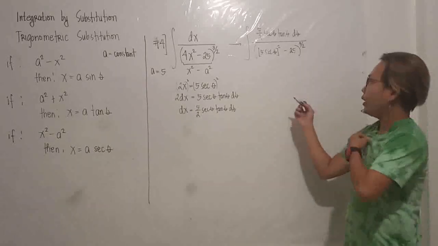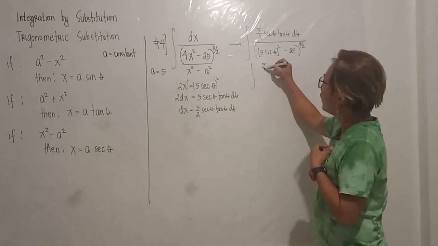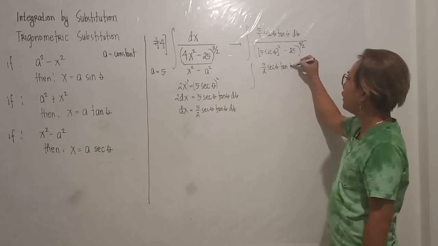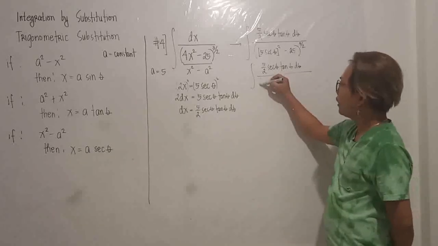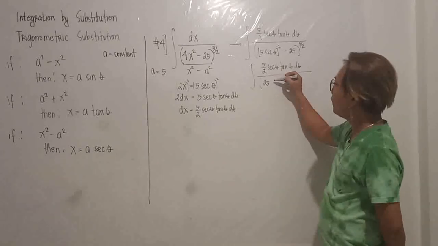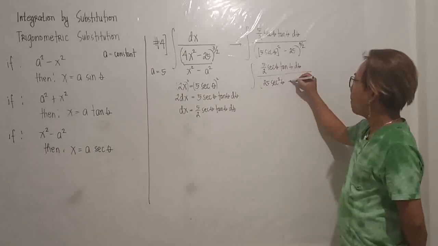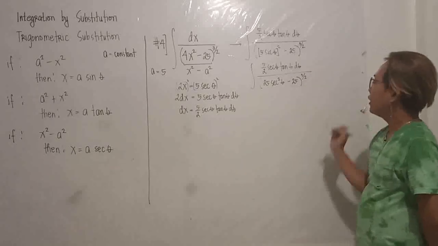So if you evaluate this equation, you will now have 5 halves, secant theta, tangent theta, d theta, over, this is now 25 secant squared theta minus 25 raised to 3 halves.